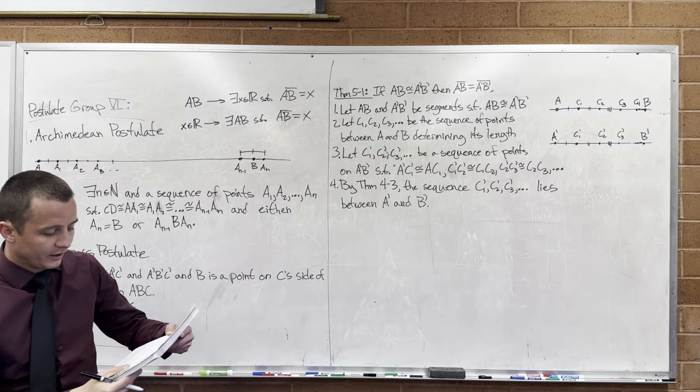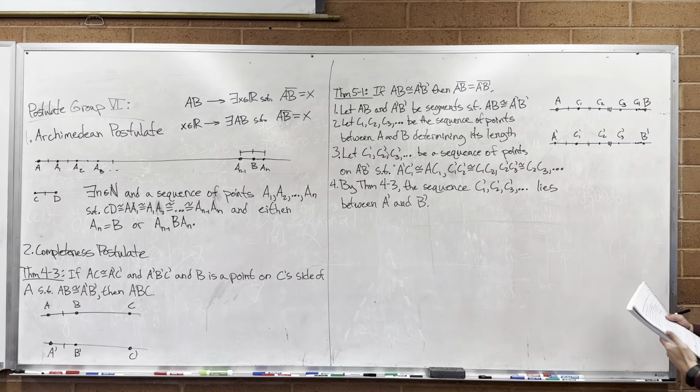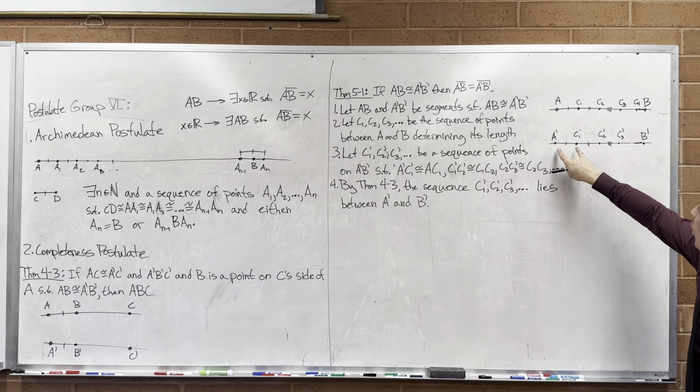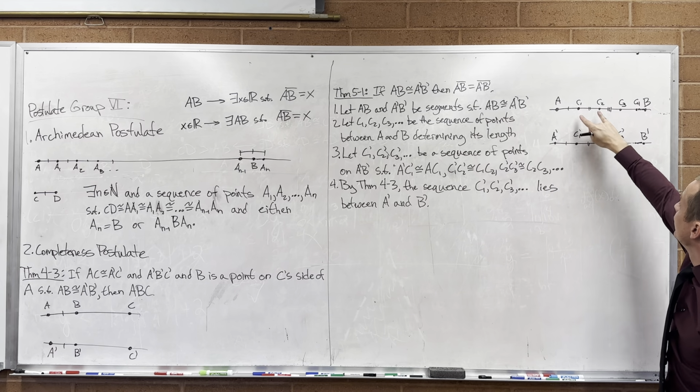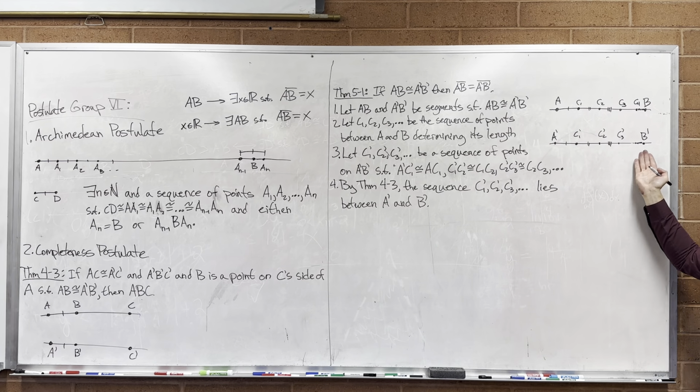Okay, so I've got this sequence of segments that completely lies between A prime and B prime, where all the lengths are exactly congruent to the lengths up here. And so this sequence measures off A prime B prime.